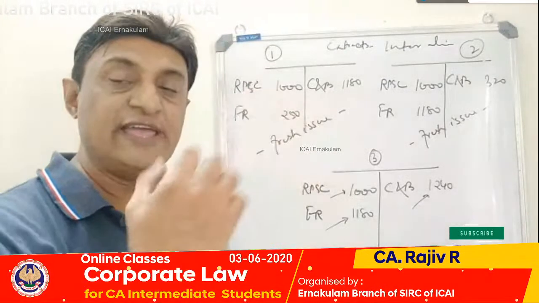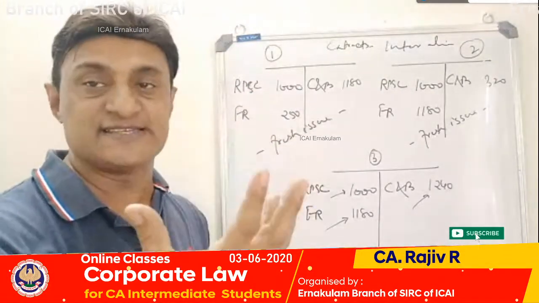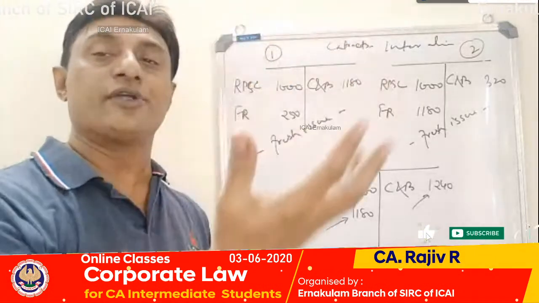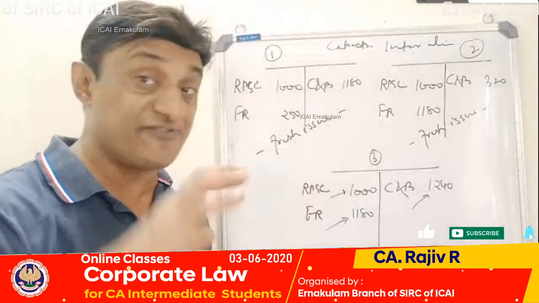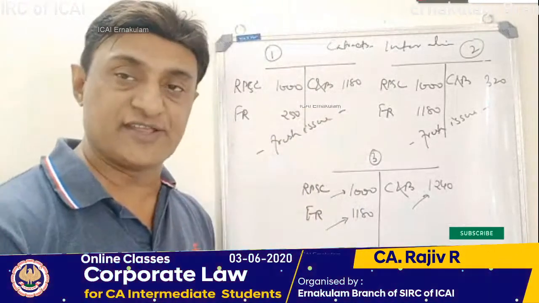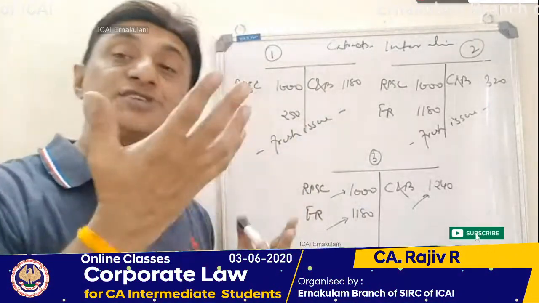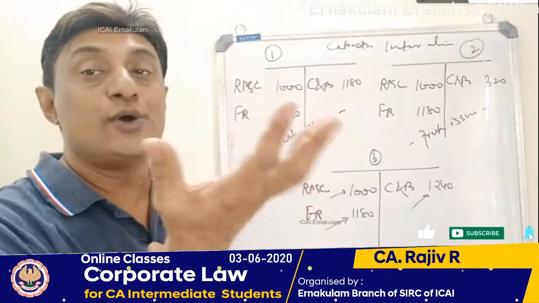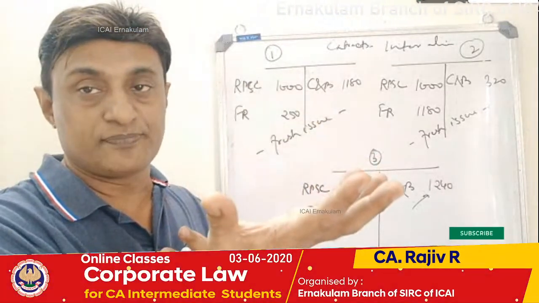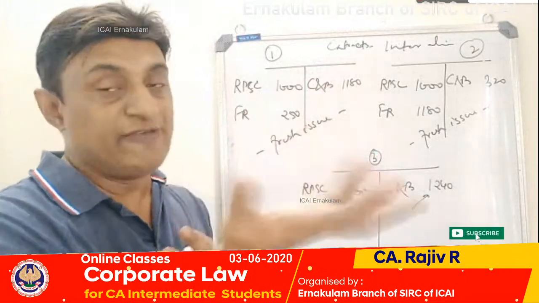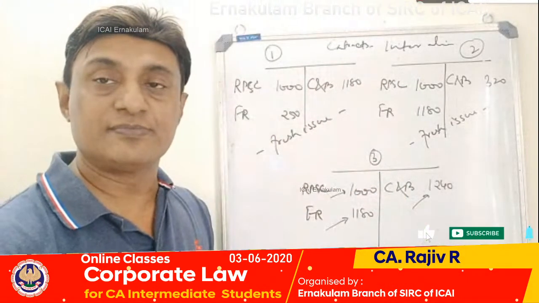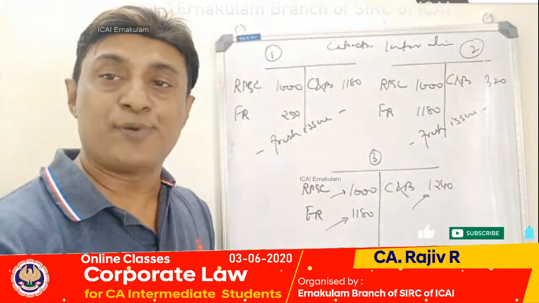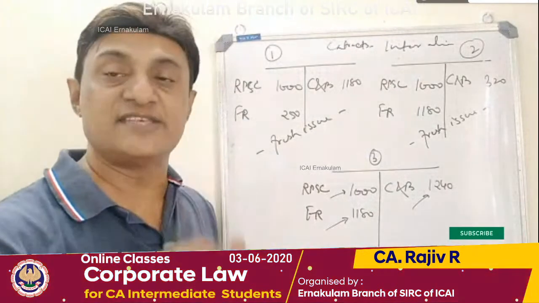When section 55 or section 68 of the Companies Act says you can fund your redemption or your buyback of securities from existing free reserves, it is naturally understood that it is an assumption that you have the money to pay for it. If you don't have the money to pay for it, you can finish only the first part, the second part cannot be.